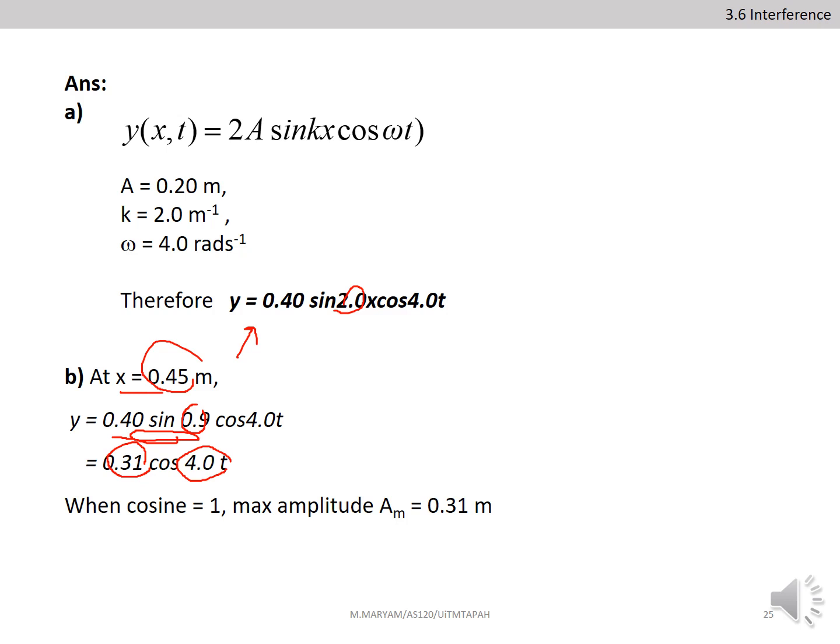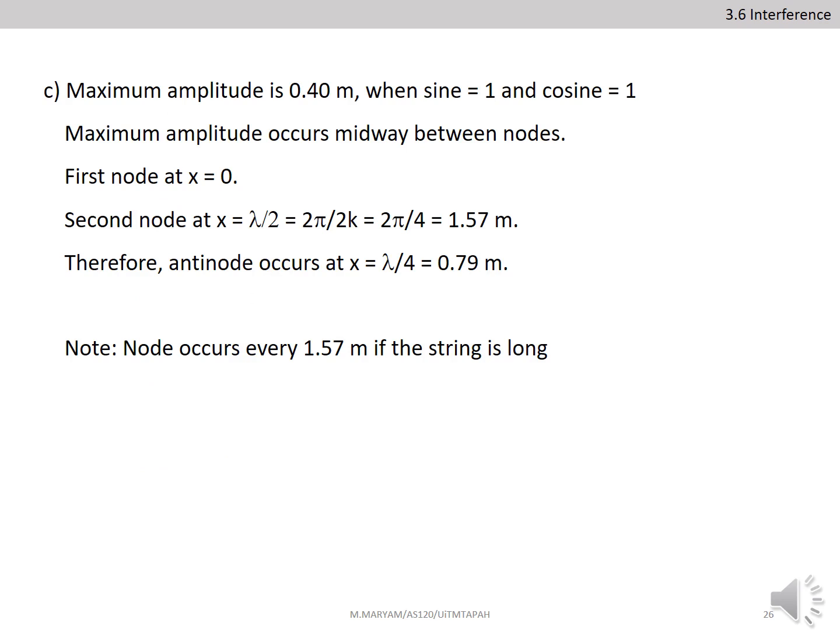Calculate all this information, so we got 0.31 for the amplitude, cos 4.0t. So t is not changing, because for the maximum amplitude to occur.